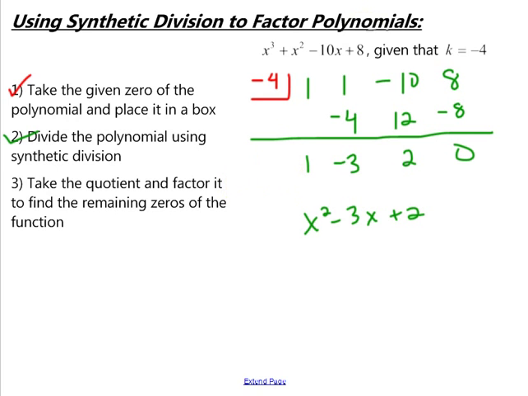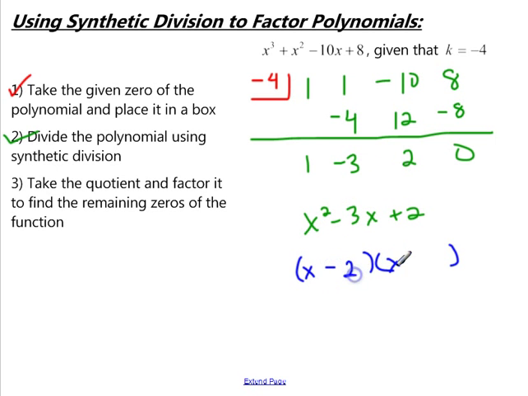Then we want to take the quotient, which is x squared minus 3x plus 2, and factor it to find the remaining zeros of the function. So now we're going to go ahead and take this and factor it. So we have x and x. They need to multiply to positive 2 and add up to negative 3.